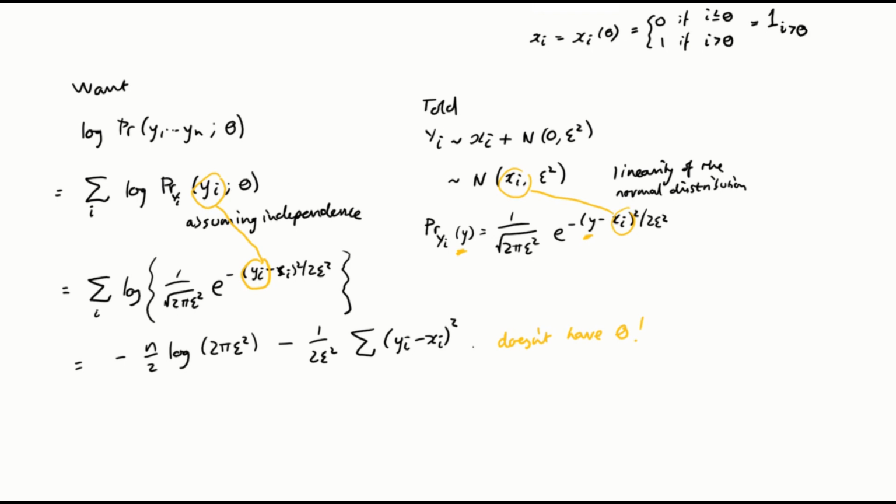When I'm doing algebra, I prefer to work with indicator notation rather than case statements all over the place. So if we stick that in here, we get minus n on 2 log 2 pi epsilon squared minus 1 on 2 epsilon squared sum of yi minus the indicator that i is above theta, all squared. Okay, that answers the question.